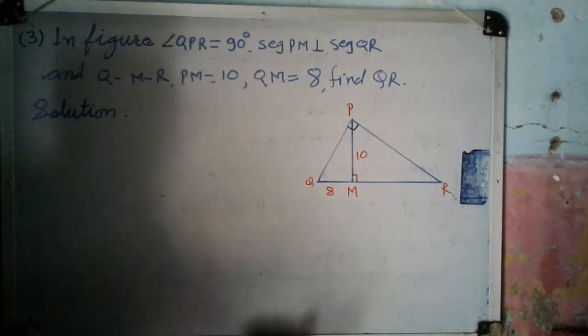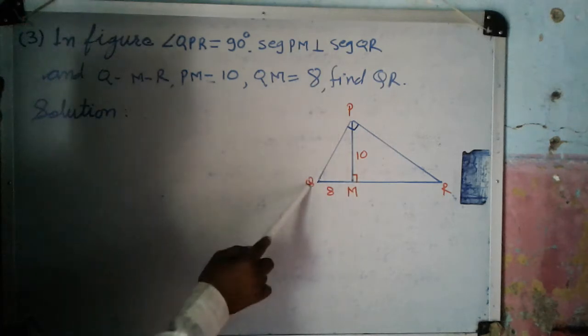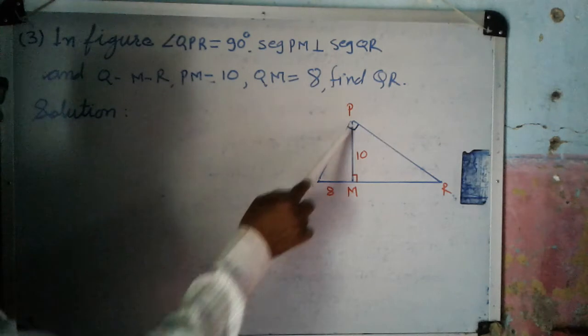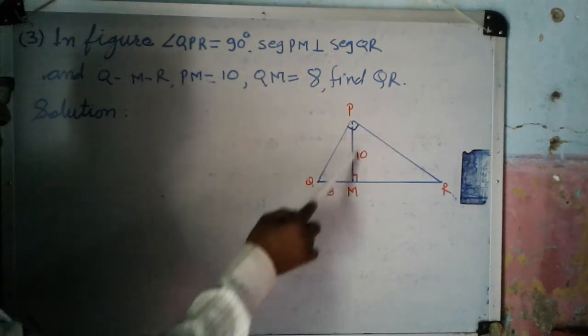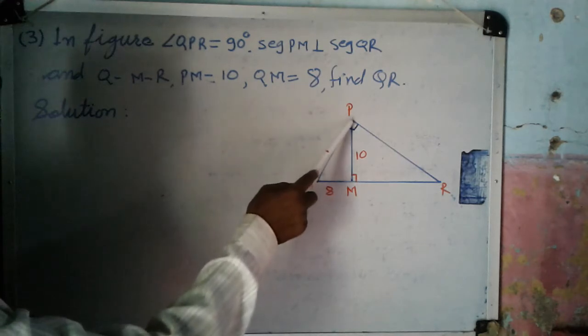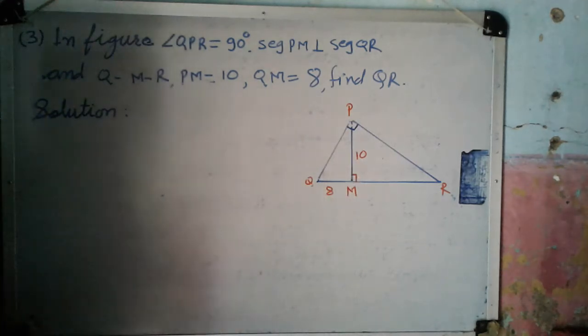Now, taking triangle PMQ, we will find PQ. So PQ is the hypotenuse of triangle PMQ. Now first consider triangle PMQ.